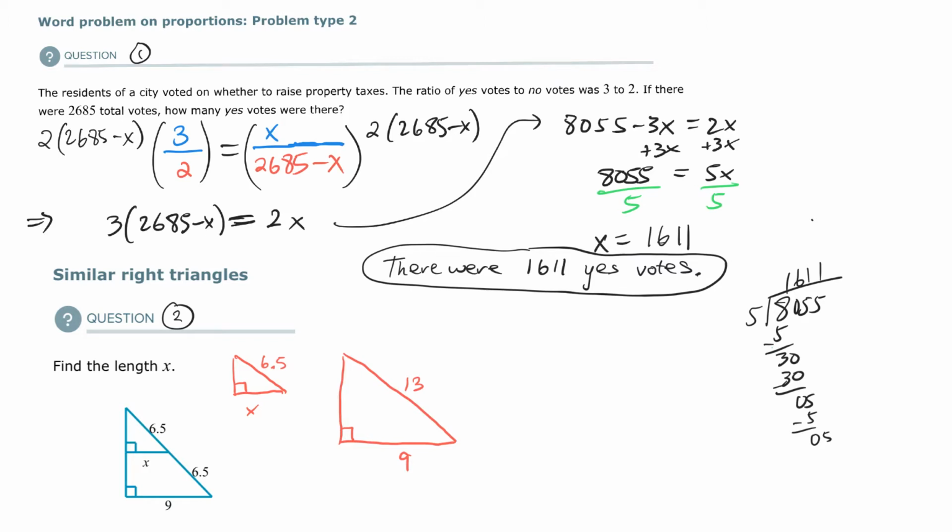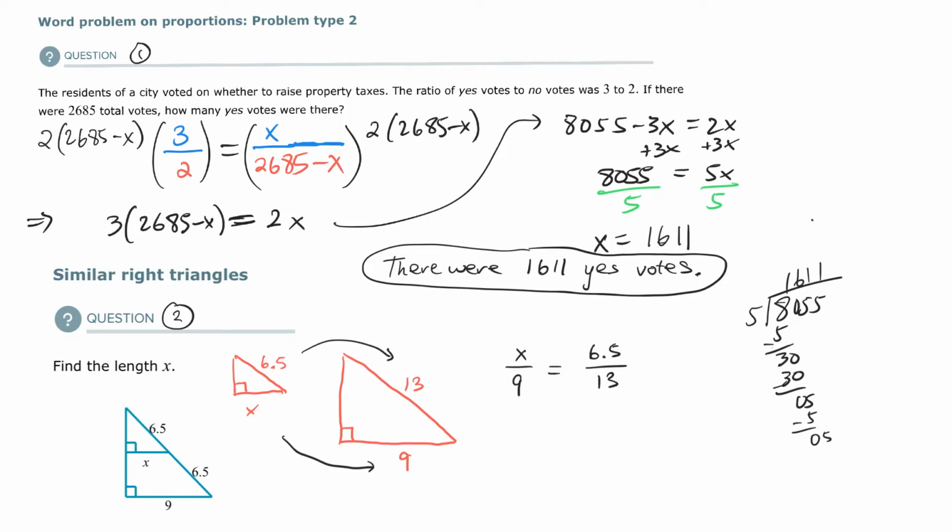So with similar triangles, you just have to set up a ratio that's equal to another ratio. So just be very, very consistent with this. So I'm going to go this way. So x is to 9 as 6.5 is to 13.